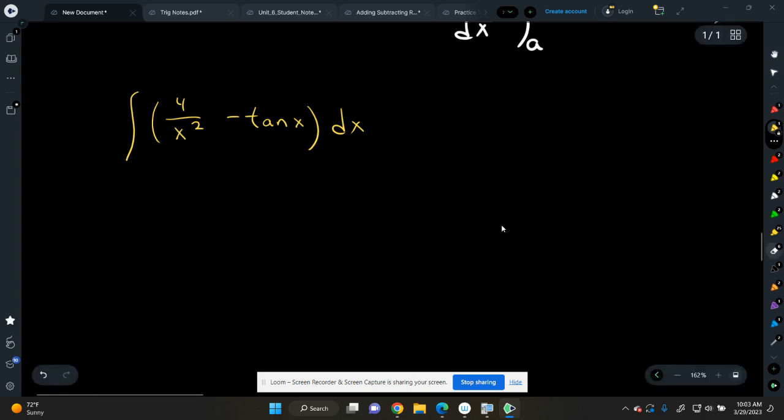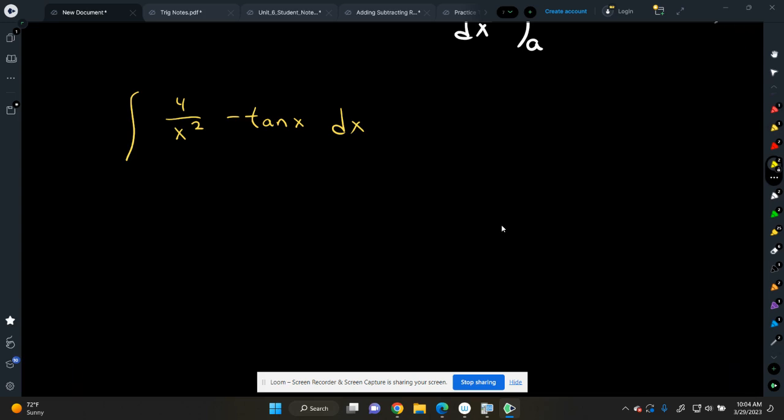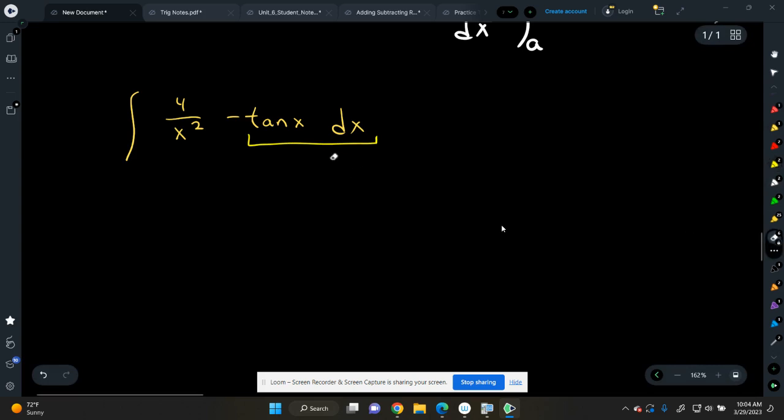If you wrote it that way, you would get points off, because it implies that it's just tangent x times dx. It has to be the whole function, f of x. So we have to make sure we speak calculus. Okay, let's integrate this.